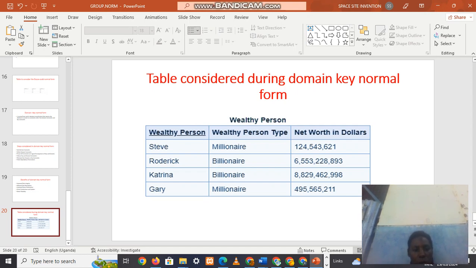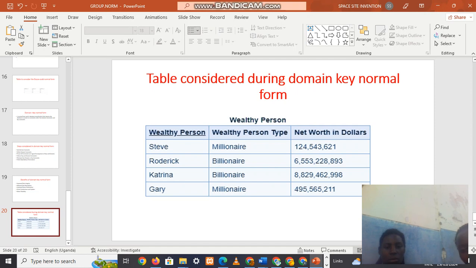Then we go to millionaire and billionaire. We have Roderick, billionaire, Katrina, billionaire, Gary, millionaire. So in this form we have two types. We have a millionaire and a billionaire, types of wealthy persons. So that's it.